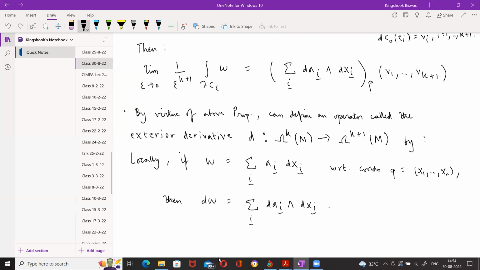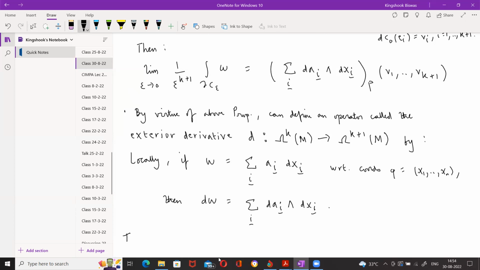And the first thing to notice is that this definition is in fact independent of the choice of local coordinates x1 to xn. Why?